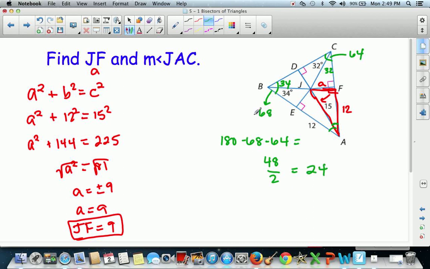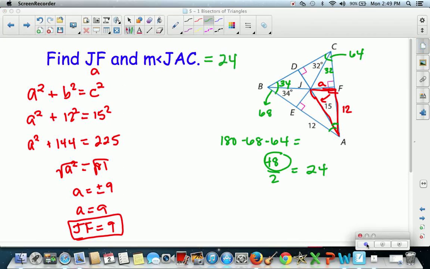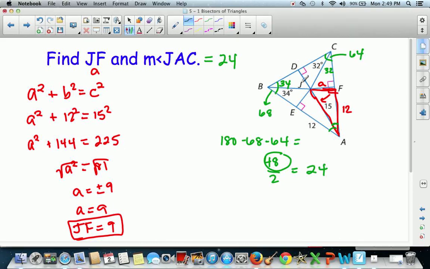I took 68 and 64 because I can add these two together because of this angle bisector. And I can take 180 minus 68 minus 64, get 48, divided by 2, and I get 24. So the measure of angle JAC is going to be 24. Now keep in mind, there is given information for this problem that I did not tell you.